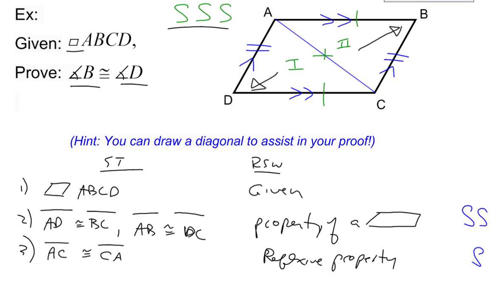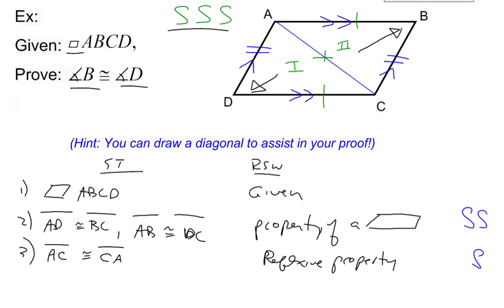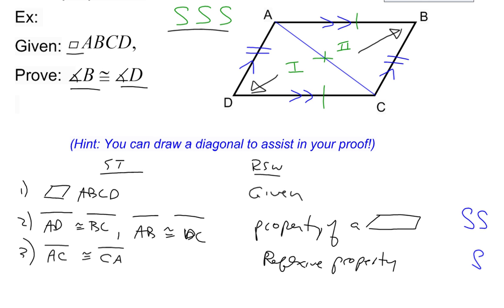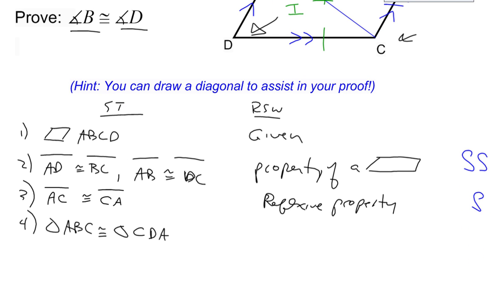So I can say statement number 4, triangle ABC is congruent to triangle, remember, if I'm starting off with A, then B, then C, what corresponds to A in triangle 2? Well, C in triangle 1. So triangle ABC is congruent to triangle CDA. Why? Because of the SSS triangle congruence postulate.